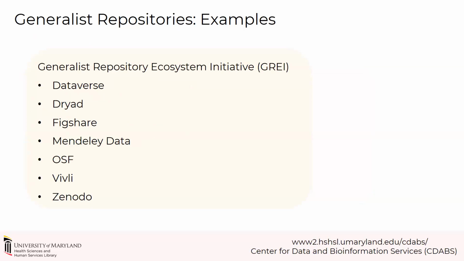And even within this list, there are some ways that these repositories differ in terms of the size of data they accept, the degree of access and curation, and associated costs. So one, for instance, that's a little different is Vivli, which actually focuses on clinical trial data and does have a controlled access model.